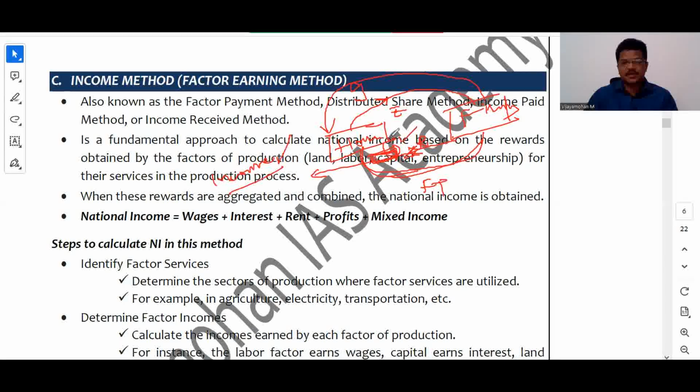So in the income method, these rewards are coming to households for the factors of production; at this particular point, if you calculate all the incomes that the households are getting, then you will get the national income.